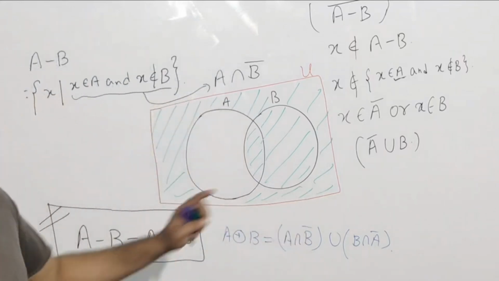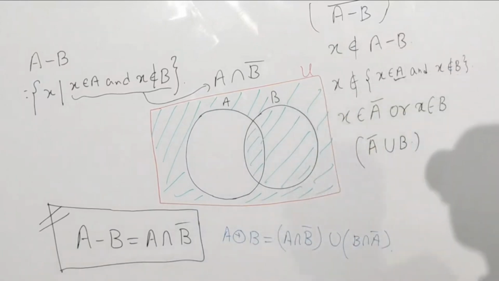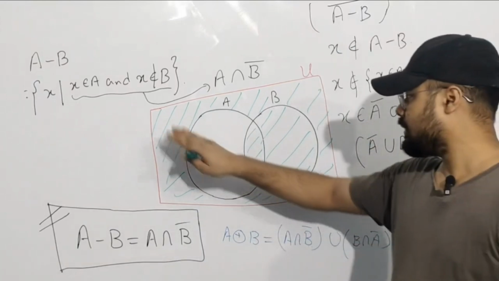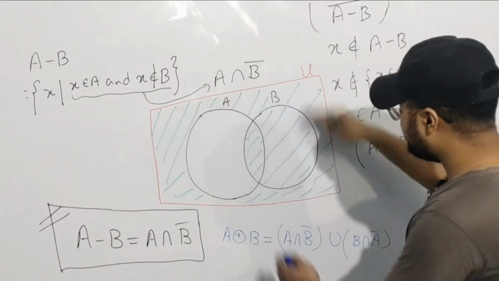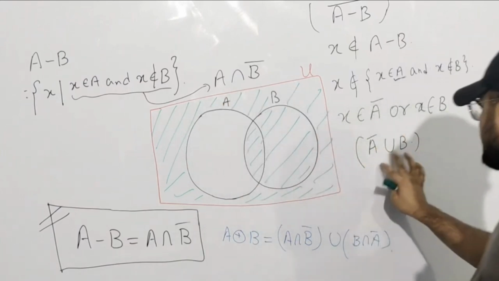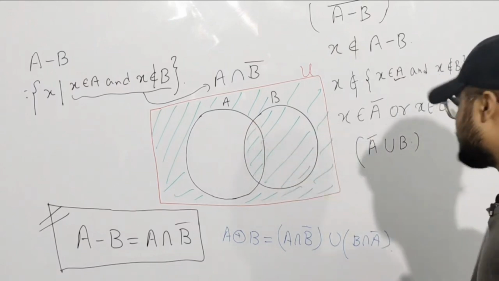A minus B complement will include these regions, and these regions are nothing but A complement union B. A complement includes everything, and because you are applying union B, these regions are also included in it.